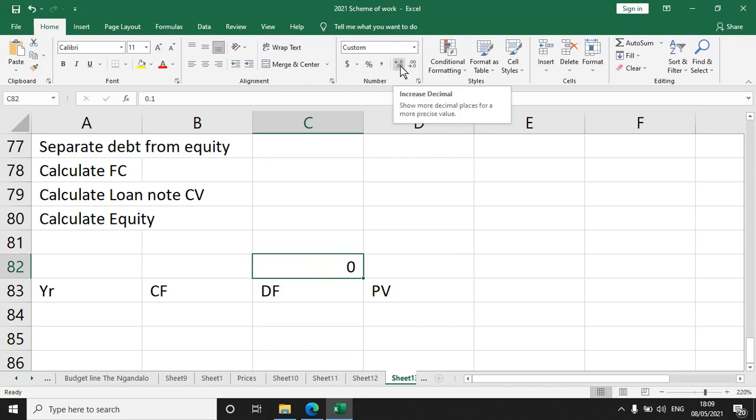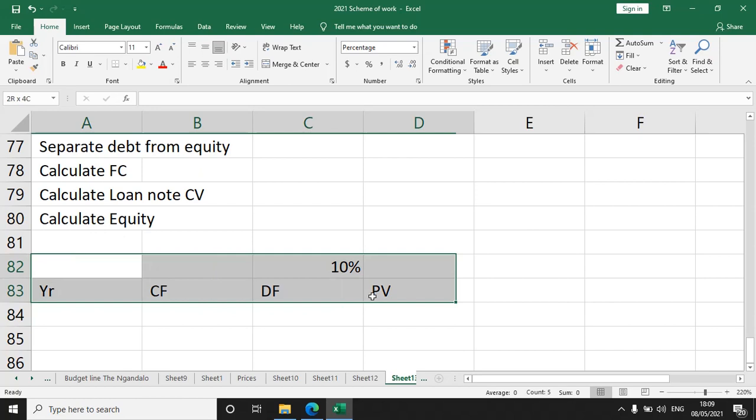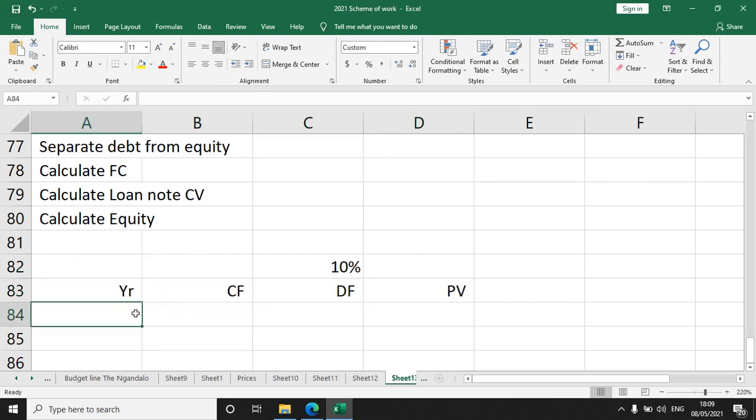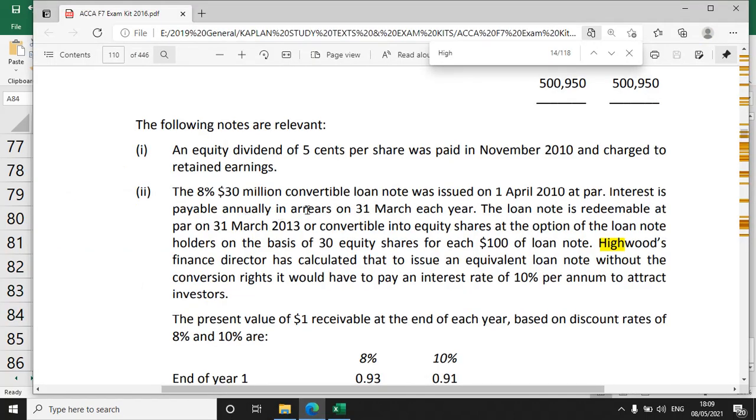So I'll just put it there at 10%, and I'm going to push all these numbers on the other side so that you can follow through. Regarding the issue of years, it should be clear here. We are told that these convertible loans were issued on 1st April 2010, and they are likely to be converted at the option of the loan holder in 2013, and this will be after 3 years.